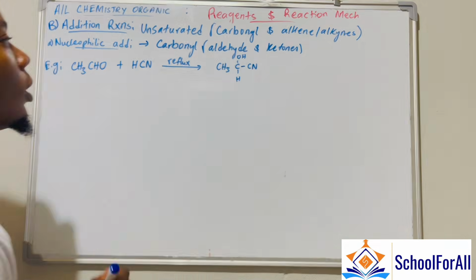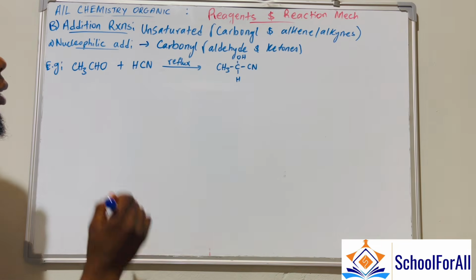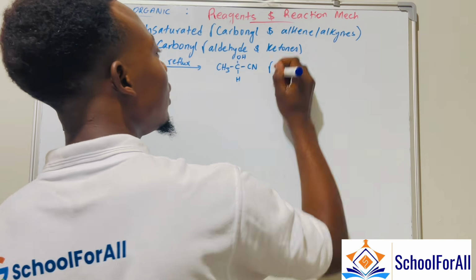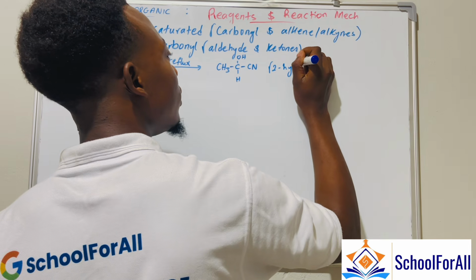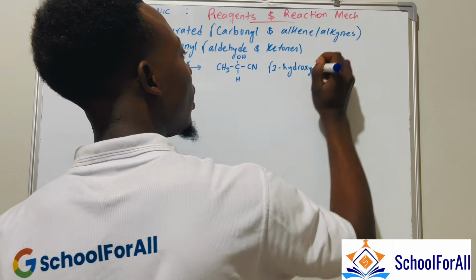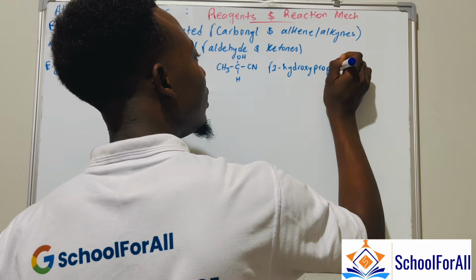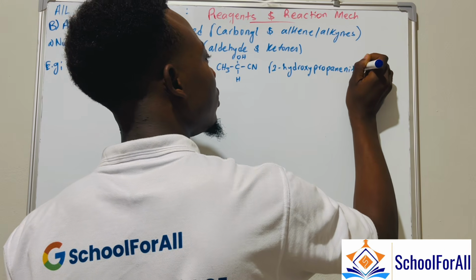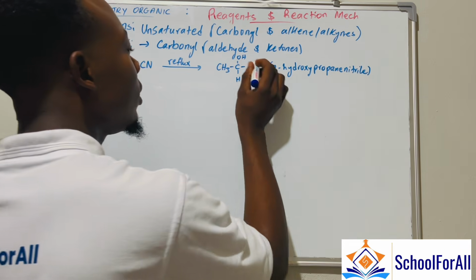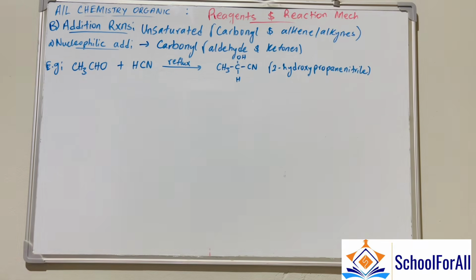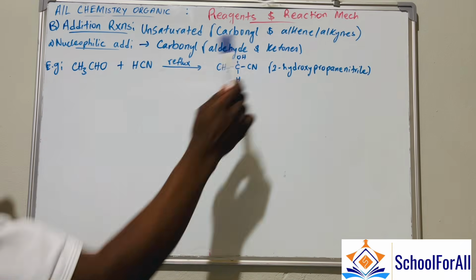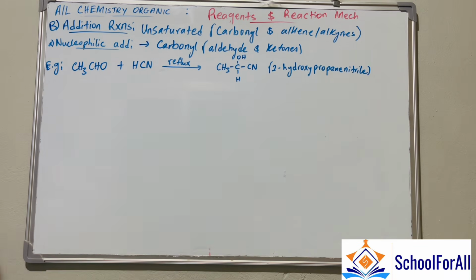So I produce a single product. The name of this compound is 2-hydroxypropanenitrile. So I add this molecule to this one, and since it is a carbonyl, the first species that will attack is a nucleophile.